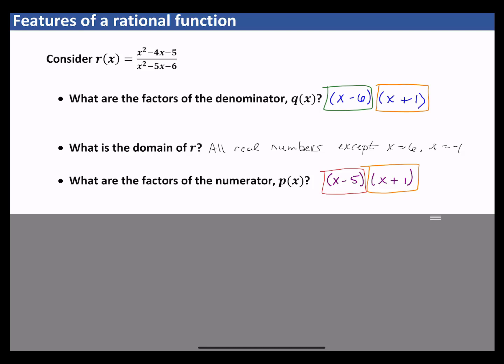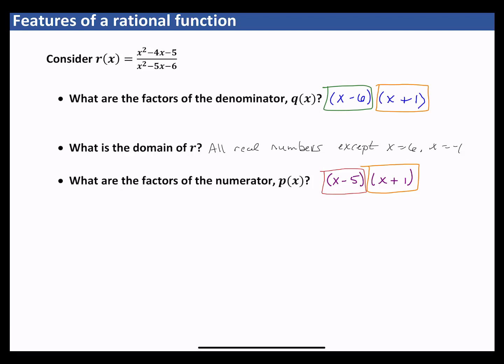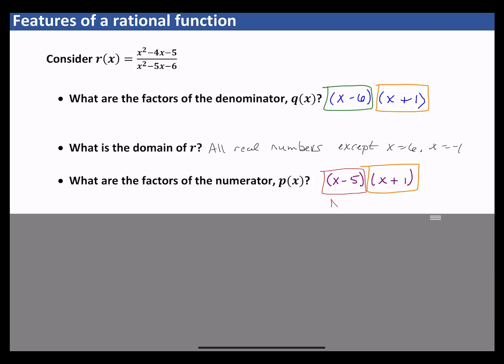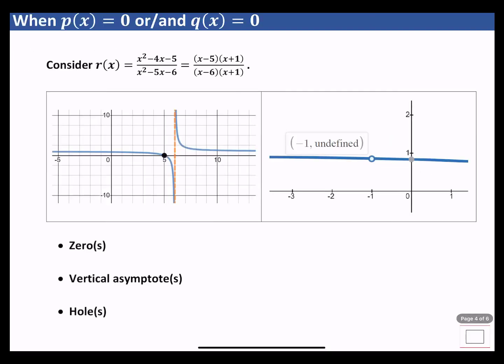So next we're going to look at the graph of r of x to see what happens graphically in these three situations: when only the numerator equals 0, when only the denominator equals 0, and when both the denominator and numerator equal 0. In the graph at the left, we see that r of x has a 0 at x equals 5.